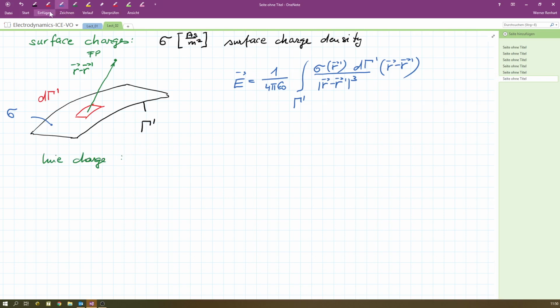This may be written with the Greek letter tau, in ampere seconds per meter. So this is a line charge density.